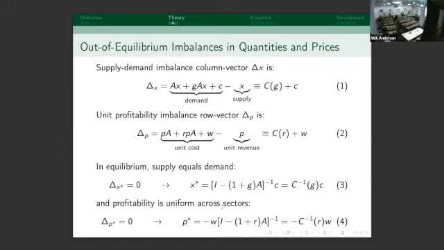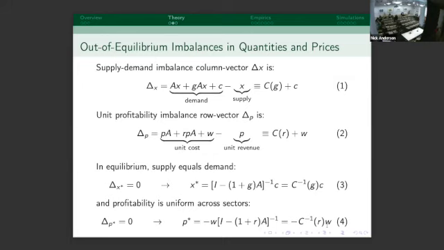And in equilibrium, you only have to set the imbalances to 0, and you can find, and this is going to be relevant in order to understand the reduction in environmental impact, that the equilibrium quantity vector depends on consumption, and the equilibrium profitability vector, the prices vector, depends on the unit labor costs.